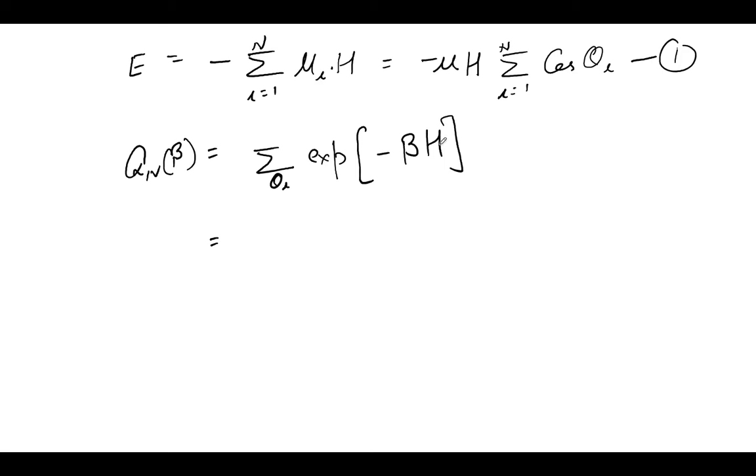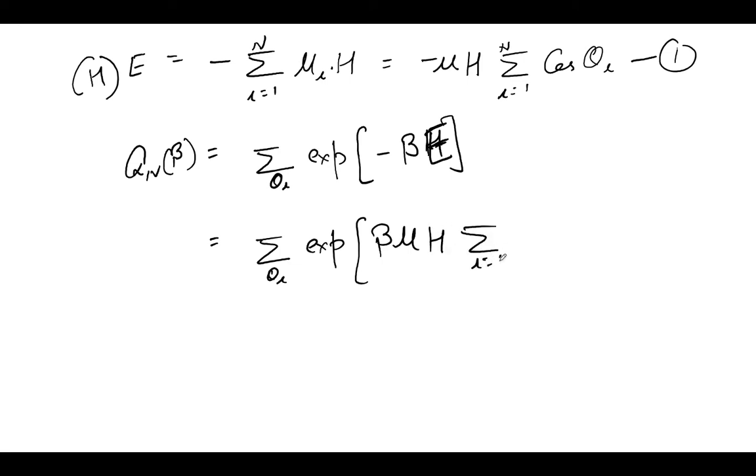Here H is our Hamiltonian, and we generally represent this Hamiltonian in terms of potential energy, so we write it as beta into E. So this equation becomes summation over theta i of exponential of, where E is minus mu h cos theta i, this minus sign gets cancelled, beta mu h summation of i from 1 to n of cos theta i.